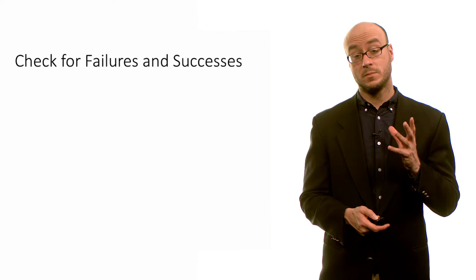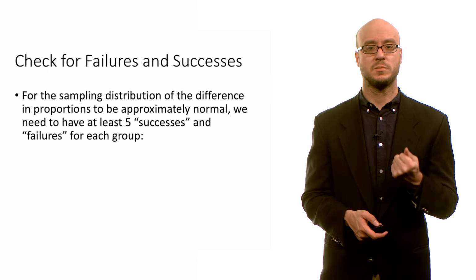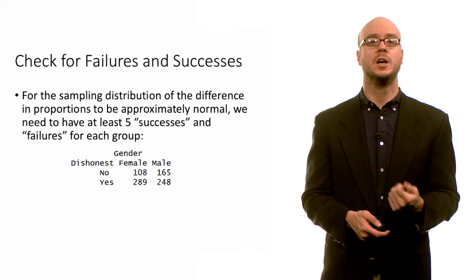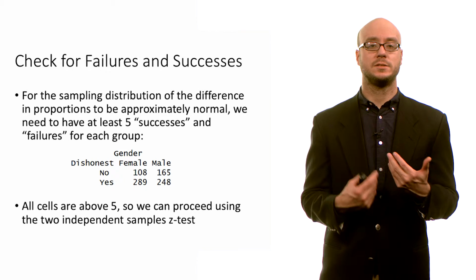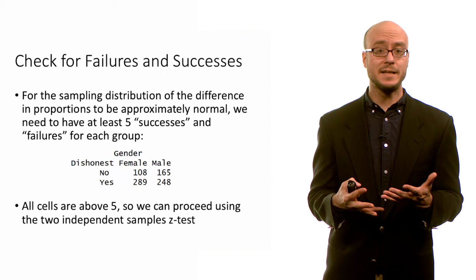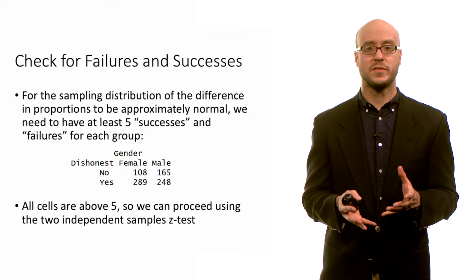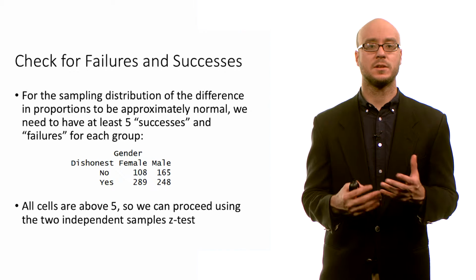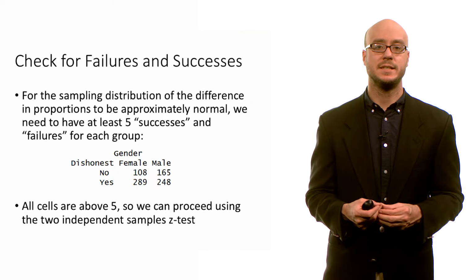As a preliminary step, we should check the successes and failures. For the sampling distribution of the difference in proportions to be approximately normal, we need to have at least 5 successes and failures for each group. As you know, this is an assumption, but we can assess this by looking at this cross-tabulation. So in terms of counts, we see that all cells are above 5, so we can proceed using the 2 independent samples z-test.